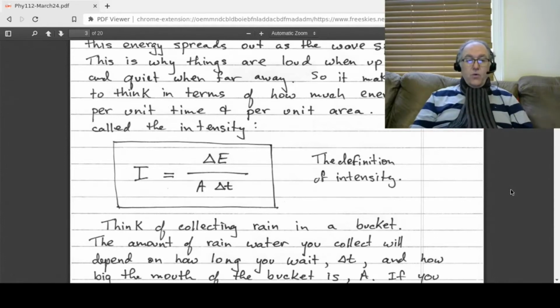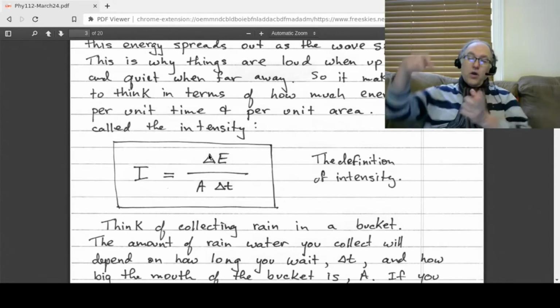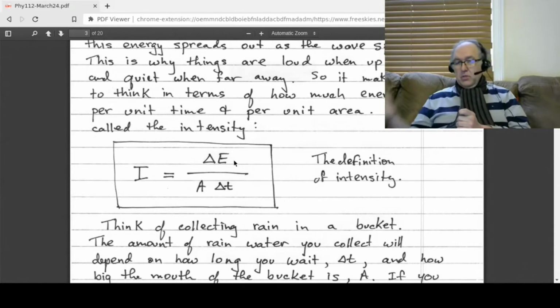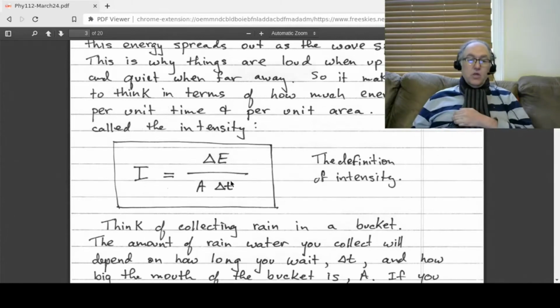Well, obviously, if you're capturing energy, the longer you wait, because the wave just keeps depositing more energy and more energy, the more energy you're going to capture. So the amount of energy that gets deposited obviously depends on how long you run your experiment. And to get an accurate measure of the intensity, you don't want the time that you ran the experiment to factor in, so you divide that out.